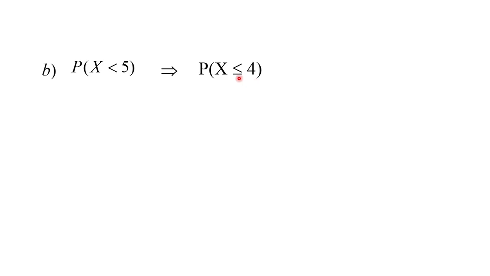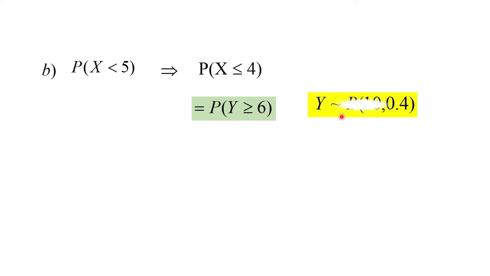We change to Y, so the inequality changes from less than to more than or equal to 6. Then we get the value 0.1662. We use the table for Y, for n equals to 10, p 0.4, and r equals to 6.